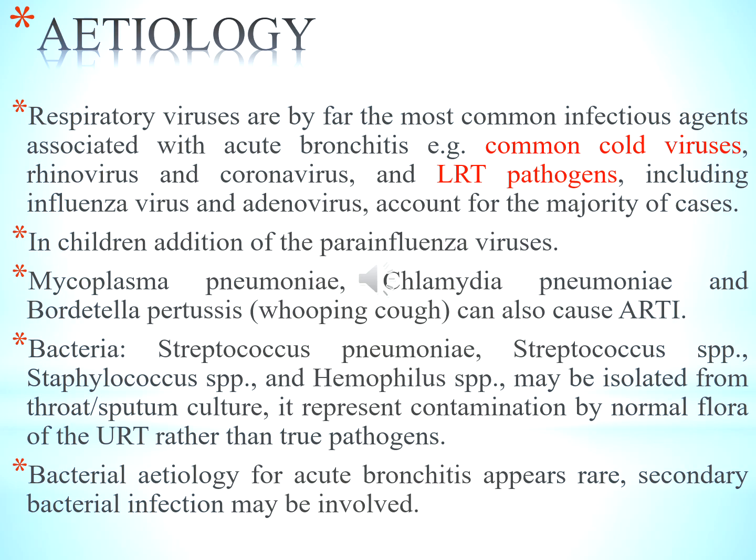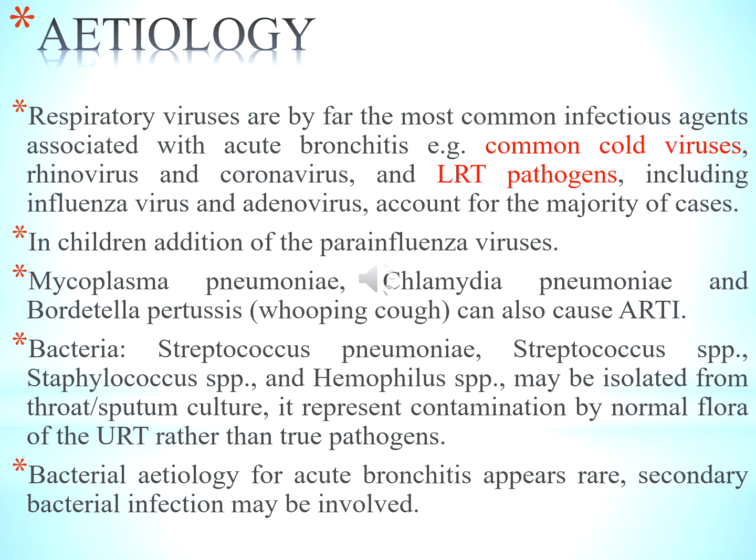Coming to the etiology, respiratory viruses are the most common infectious agents associated with acute bronchitis. For example, the common cold viruses, rhinovirus and coronavirus, then lower respiratory tract pathogens including influenza virus and adenovirus, are the majority of the cases. Then in children, parainfluenza viruses also cause the attack. Then Mycoplasma pneumoniae, Chlamydia pneumoniae, and Bordetella pertussis, that is in case of whooping cough, can also cause acute respiratory tract infection.